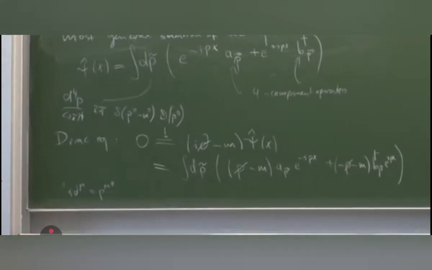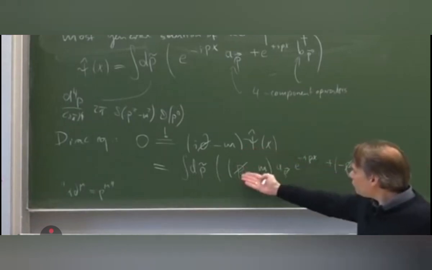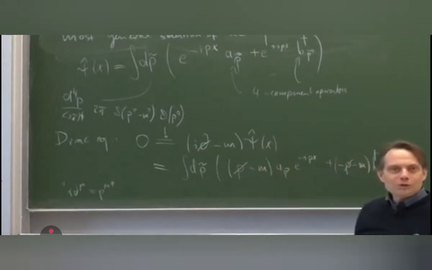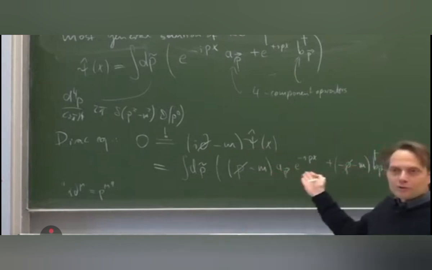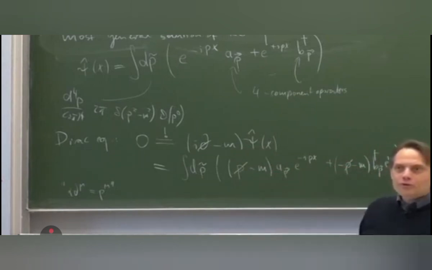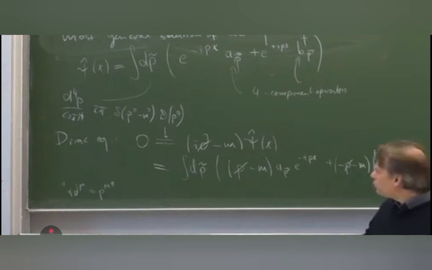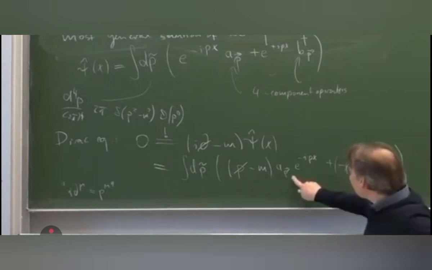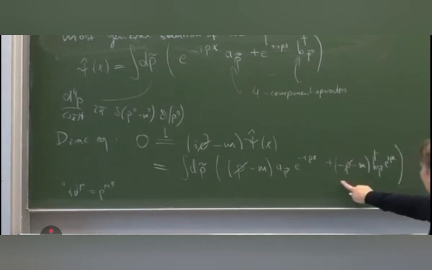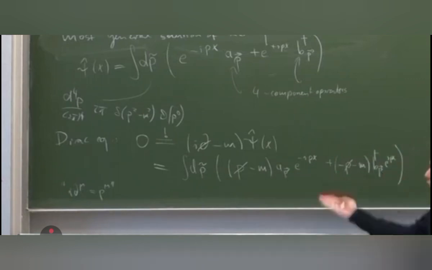This is our result of applying the Dirac operator, and that should be 0. It's a Fourier integral. When is a Fourier integral 0? It is 0 if all Fourier modes are 0 individually. So this Fourier mode must be 0, and that Fourier mode must be 0, for all p.